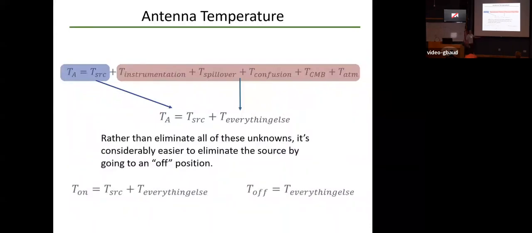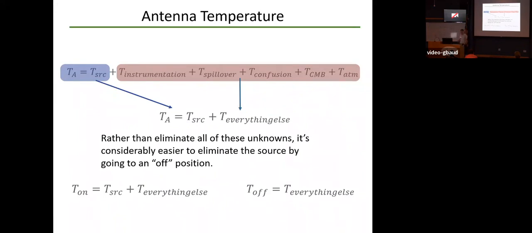So rather than carefully model each of these, and say, well, I know the CMB is 2.7 Kelvin, I know the atmosphere at this time and at this frequency is 15 Kelvin, something like that, we can just lump all of this together and call that T off. We're going to find ways to measure all of these together and subtract it from this long equation to just give us the T source.